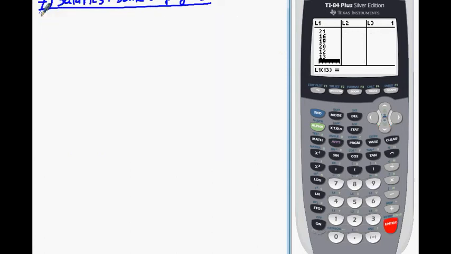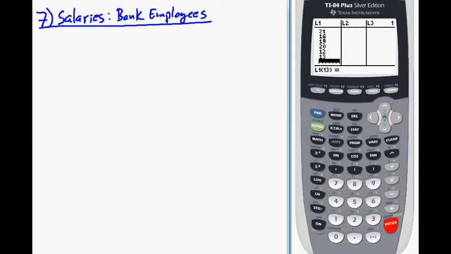Question number 7 is about the salaries of all the employees in the bank. I've already entered all the salaries into L1. Part A asks you to calculate the mean of all 12. So we need our sum of the data over the number of data.